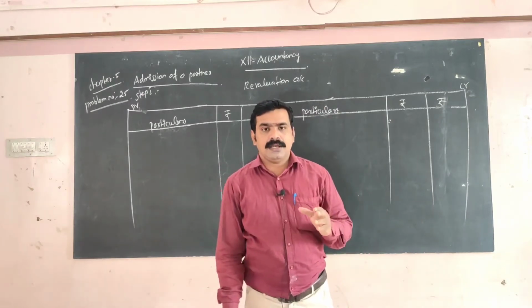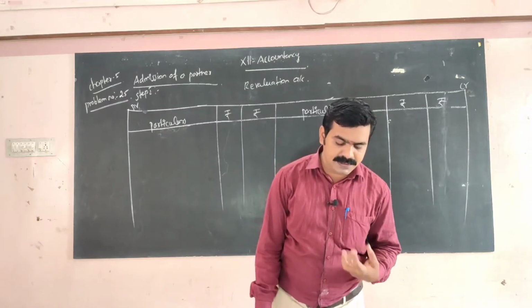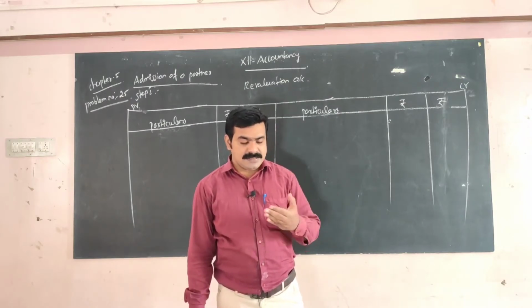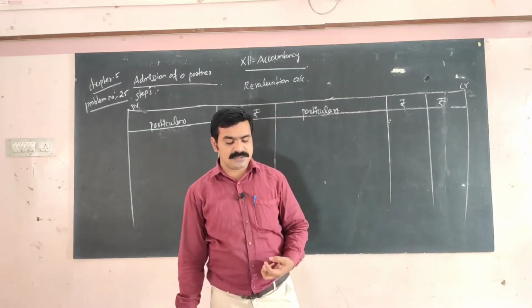What are the given information in your problem? The liabilities and assets are listed out. Capital accounts: Sundar 30,000, Suresh 20,000.